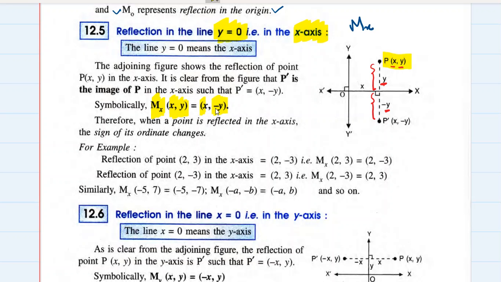(x, -y), तो हुआ क्या? x, x ही रहा, x did not change, x remained as x, but y changed its sign after reflection. So the sign of y will change if the reflection is happening in x-axis, but the sign of x will not change and x will remain x. ठीक है? देखो, therefore when a point is reflected in x-axis, the sign of its ordinate changes.